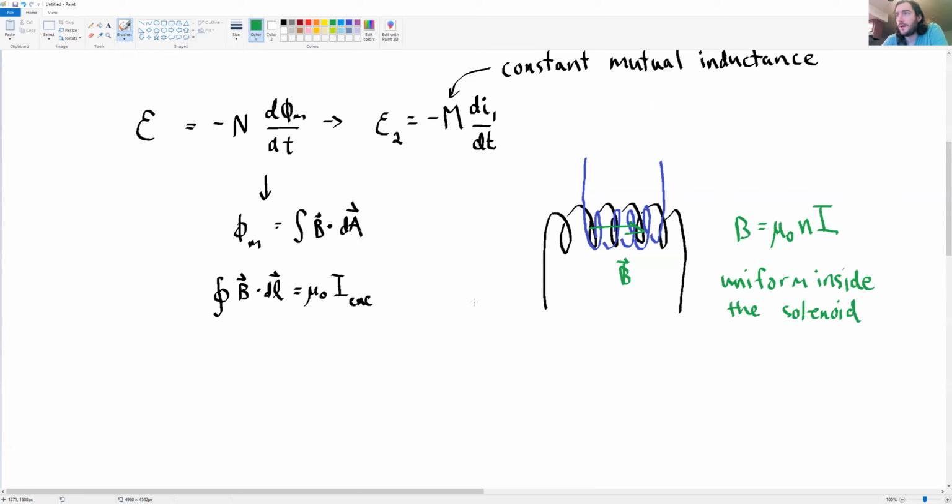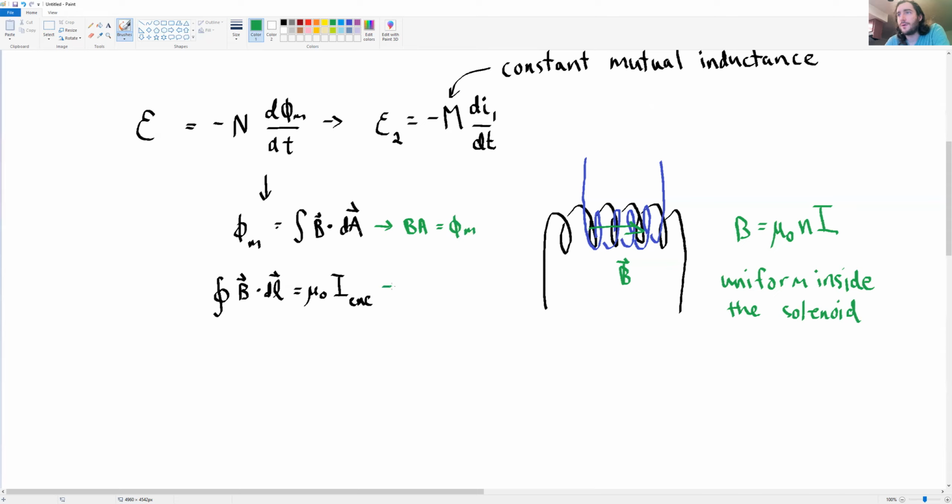And we wouldn't have to worry about any fringe field effects because the field is uniform. And so something like this simply becomes B times A, where A is just the area of one of those loops. And then this would be equal to the flux here.